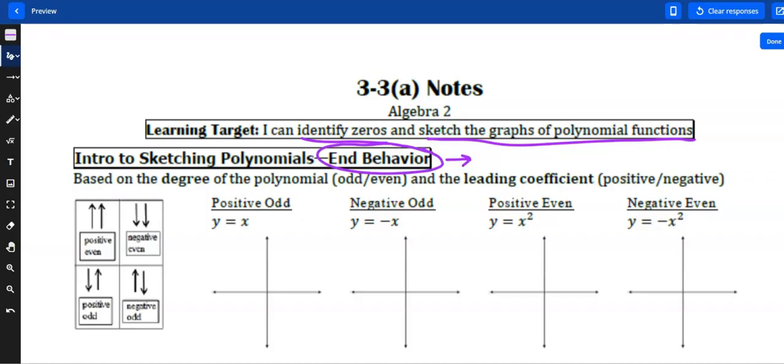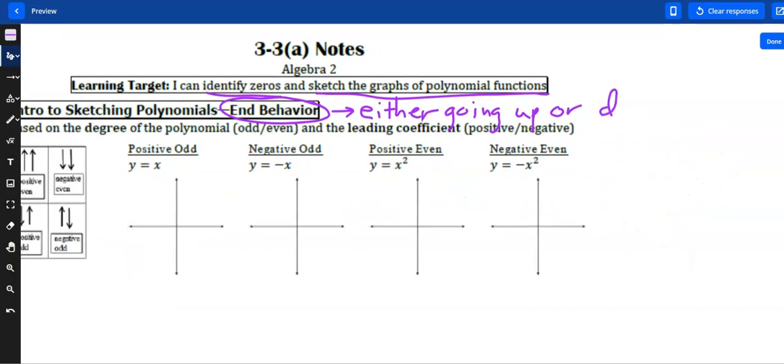It is either going up or down on the ends. Now, what do I mean by the ends? I mean at the ends of the graph.